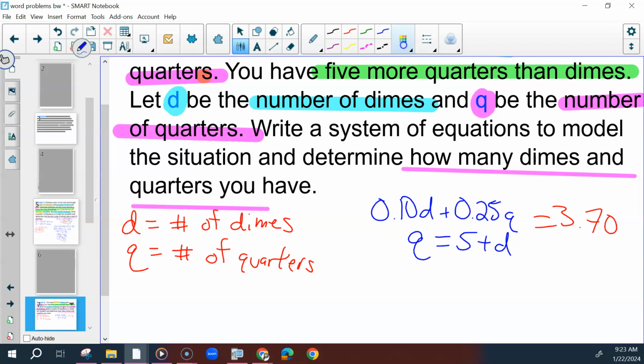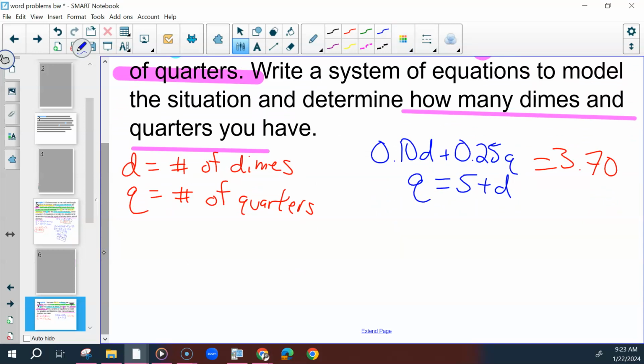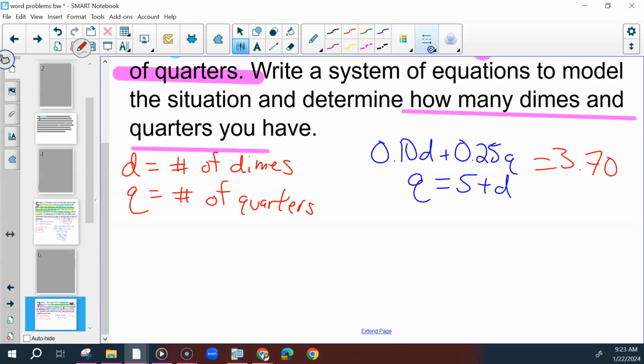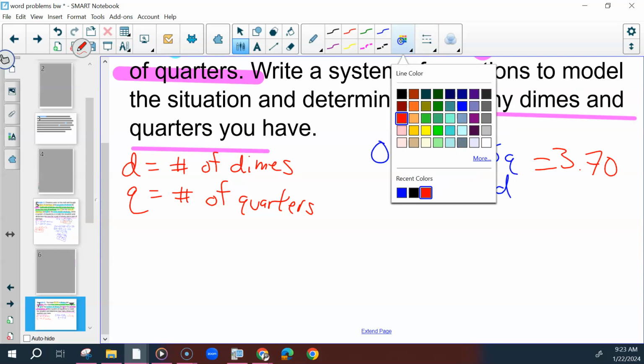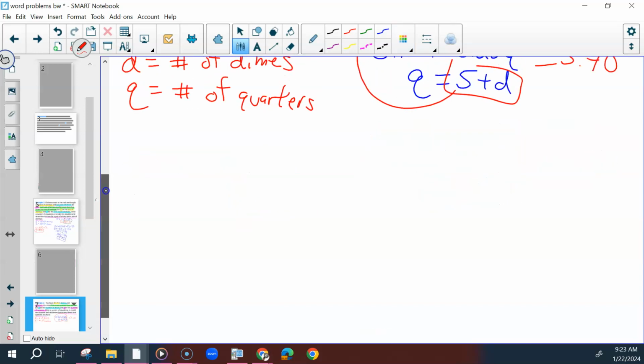So this one's set up really well for which method? Graphing, substitution, elimination. Substitution. So that's what we're going to do. Okay. So we're going to substitute that in for Q and then rewrite and solve.